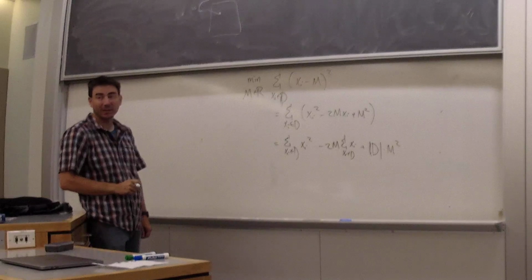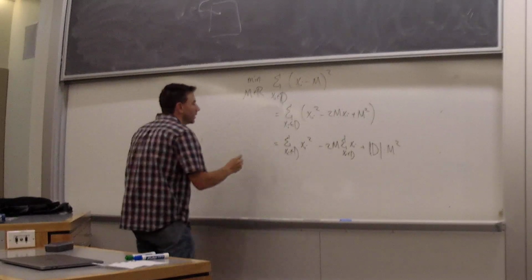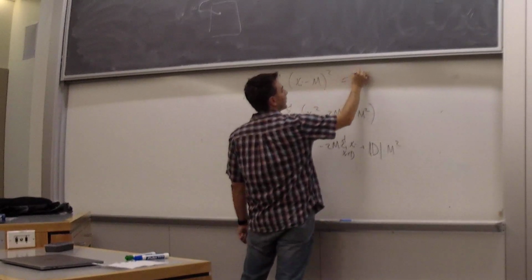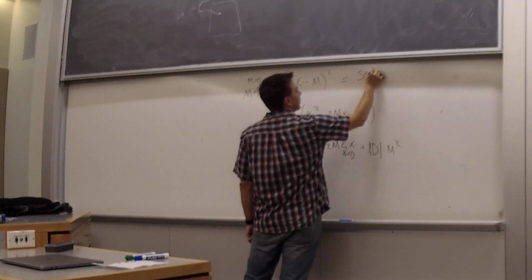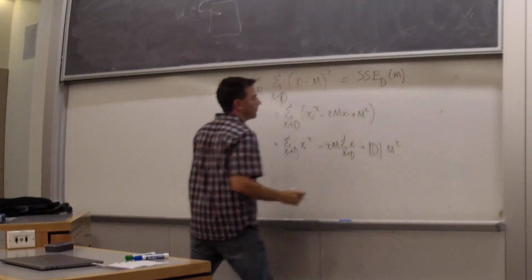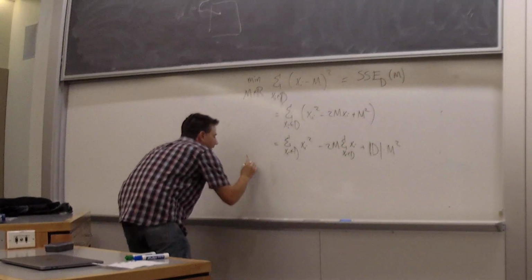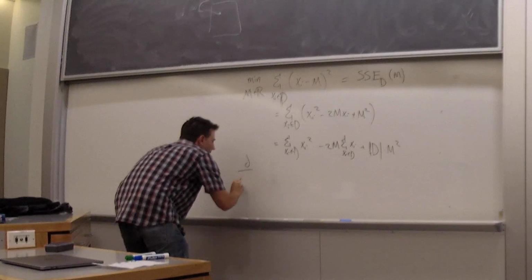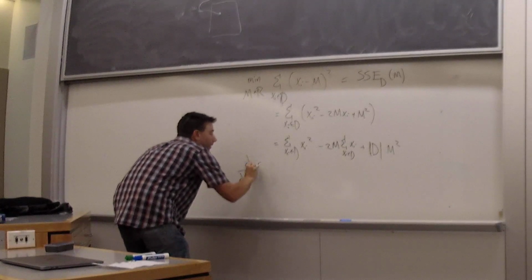Okay. Once I have it in this form, it's easy to say, we're going to write this as the sum of squared error of the data given this model parameter. So I can write the derivative with respect to m.